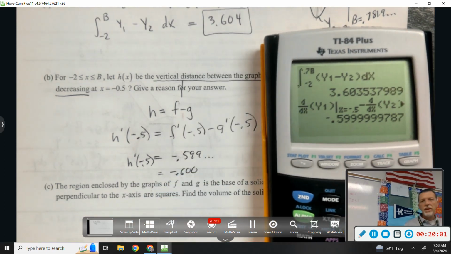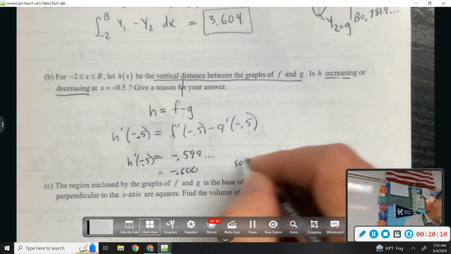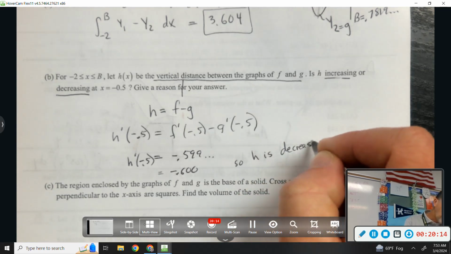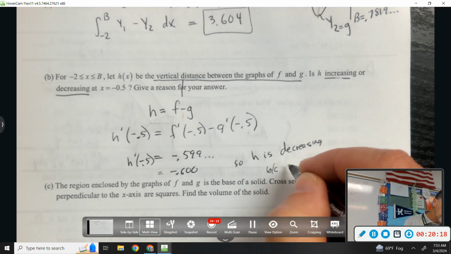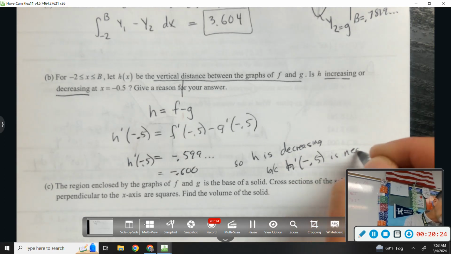So it probably is exactly negative 3/5. Oh wait, I haven't answered the question yet. So h is decreasing. Give a reason: because h prime at negative 0.5 is negative.